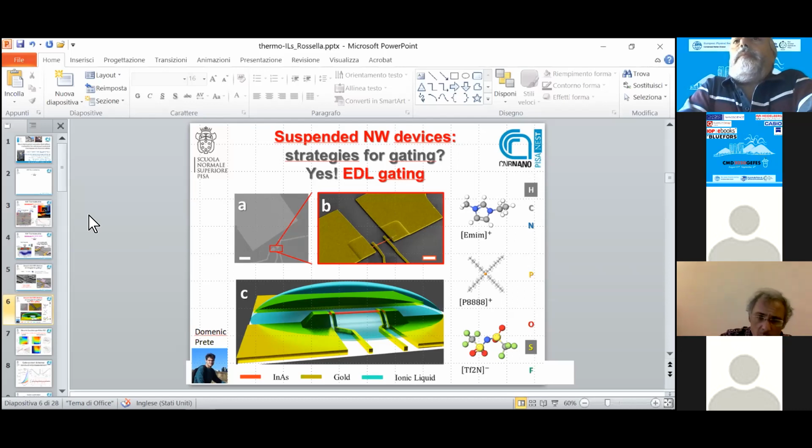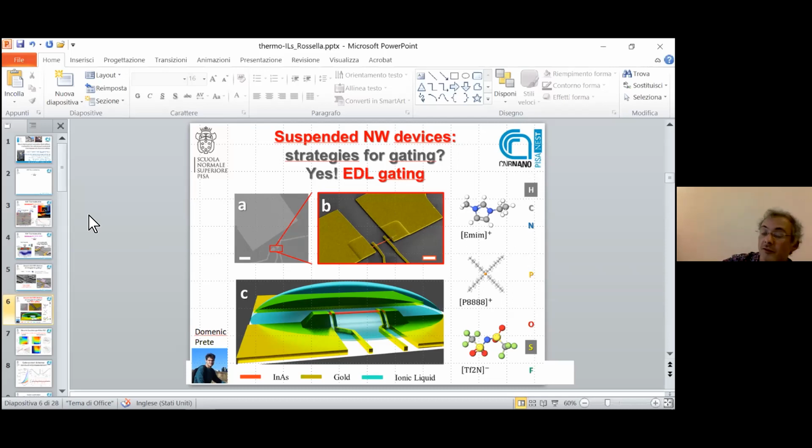But I completely agree. Of course, we could go for more structured nanowires, like nanowires embedding superlattices, or simply smaller nanowires in order to further decrease the thermal conductivity, so we can combine a sort of material engineering at the level of the solid-state nano-object together with the power of the EDL gating.